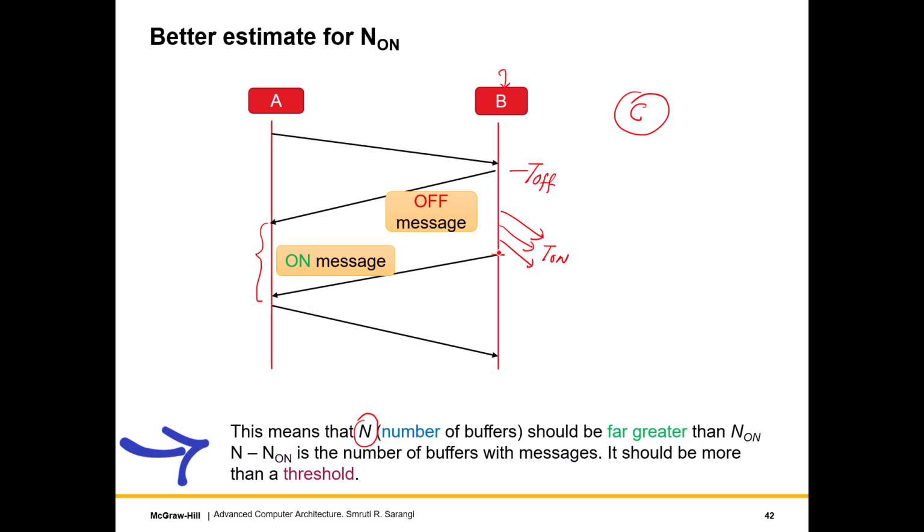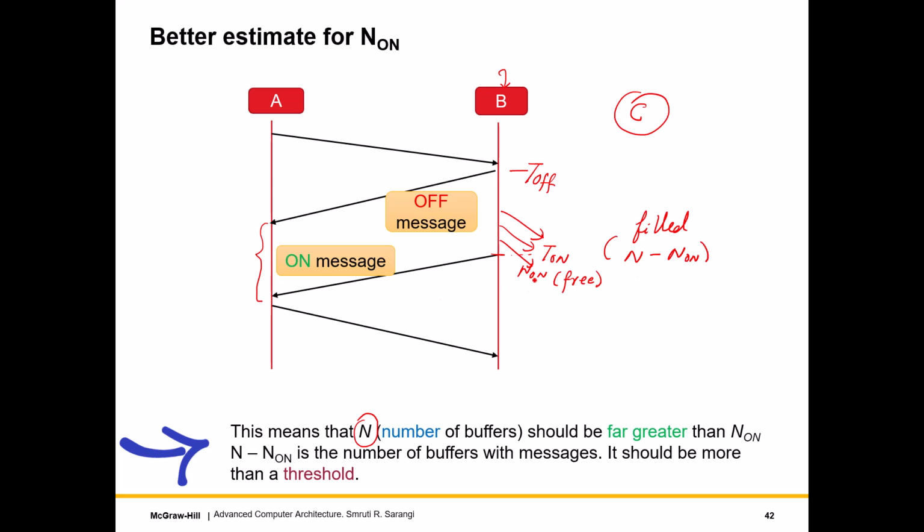Let's say that at this point of time, I have n on free buffers, which is why I sent the on message in the first place. Then the number of non-free buffers, or the number of filled buffers, is going to be n minus n on. All right. So we want this to be more than a threshold.